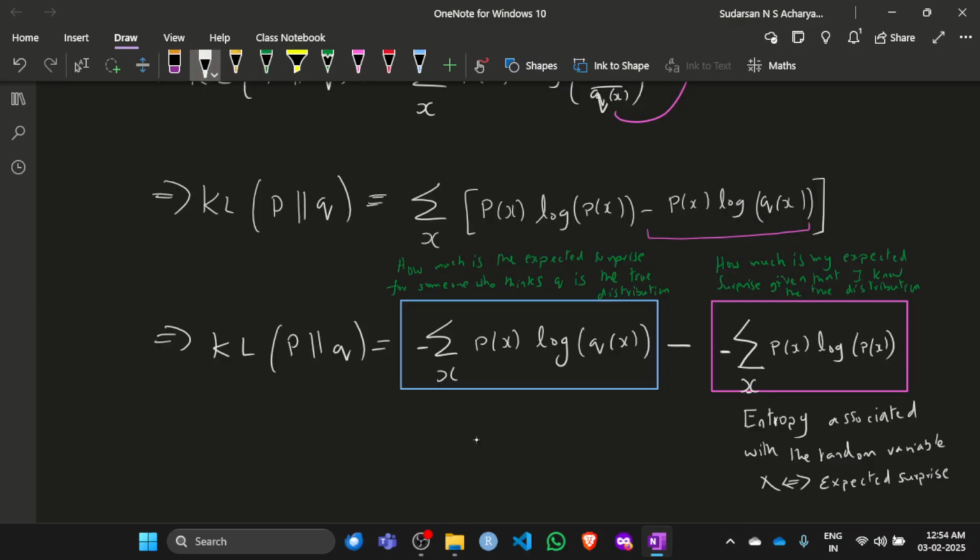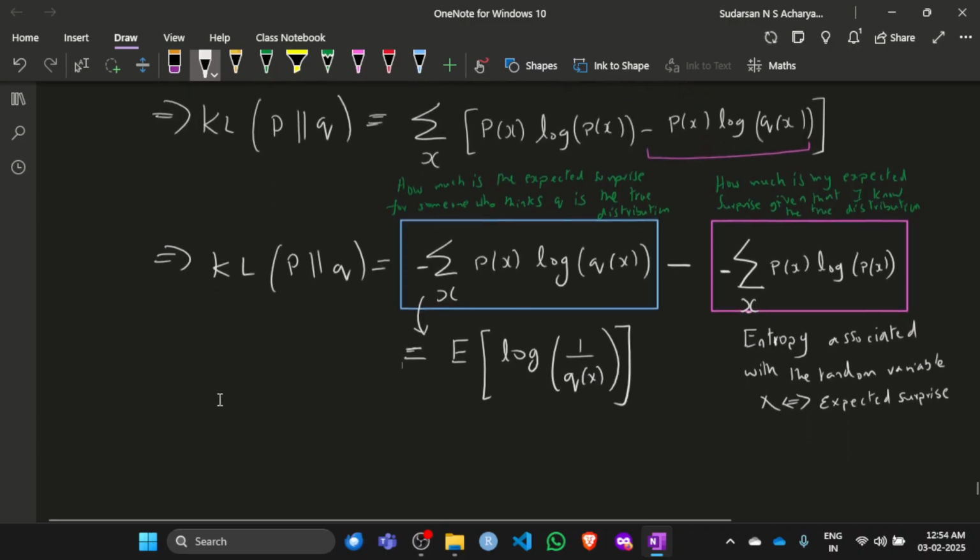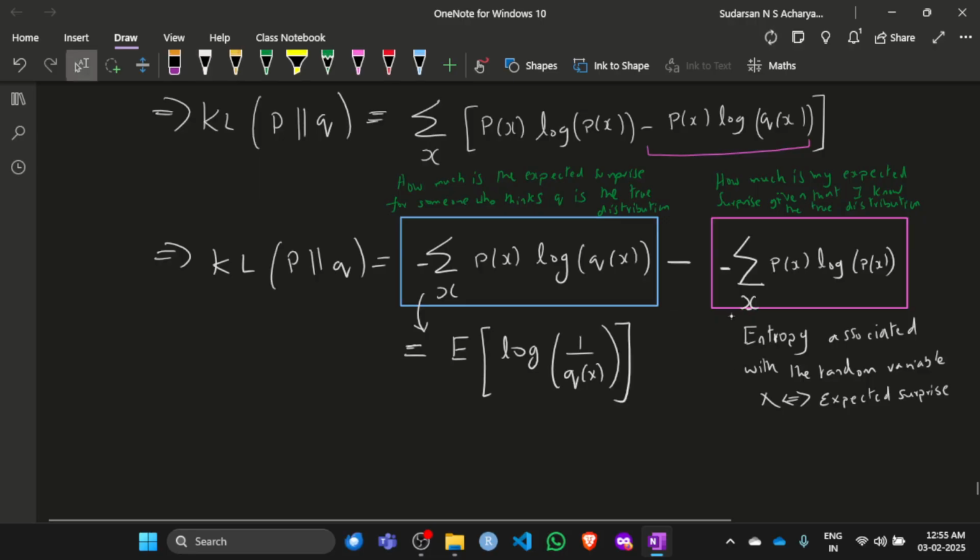So do you see here that this is the expected surprise, which is log of not 1 over p of x, but 1 over q of x, because that person is thinking that the true distribution is q of x. How much is their surprise? And this here is how much is your surprise, because you know what the true distribution is, right?